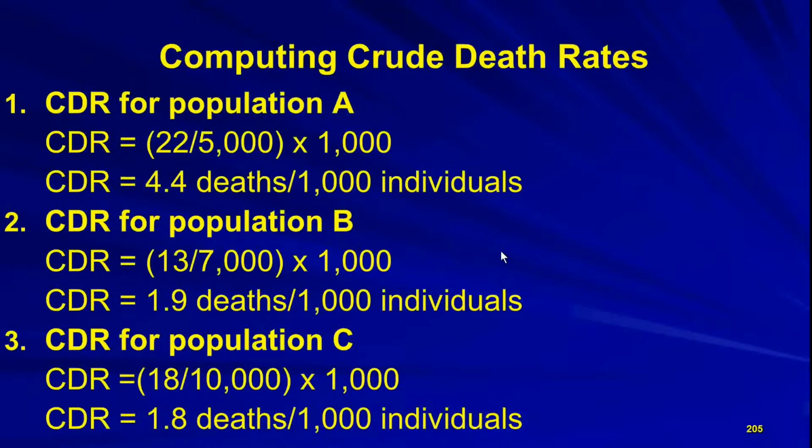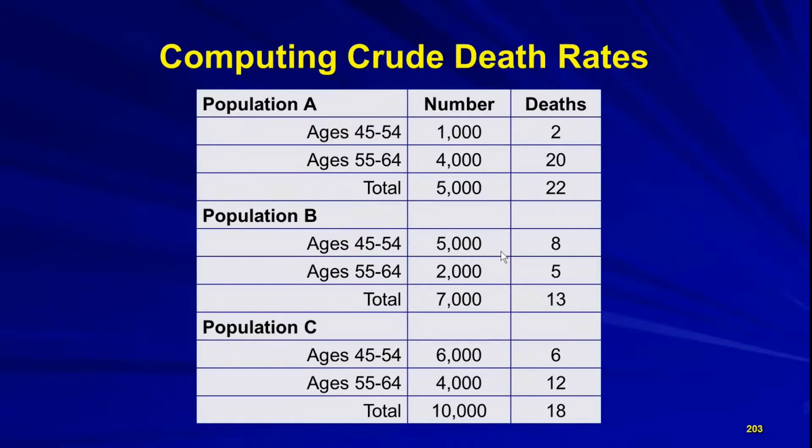Now, why are more people dying in population A than they are in B and C? And what statistic of the few that you've learned would you use to help answer this question? Well, let's think a minute. Is there anything that you noticed, and I didn't give you a chance, and you can go back and study the graphic yourself again, is there anything you notice about the distribution of the data that seems particularly peculiar, and how would you find that out?